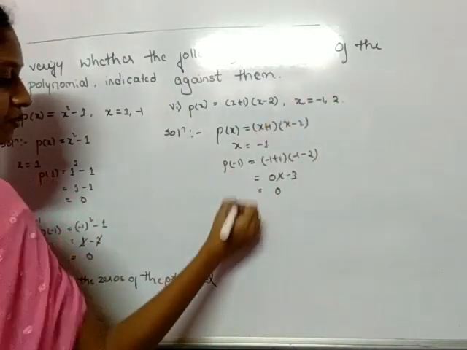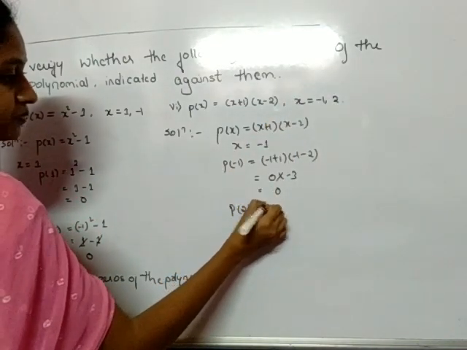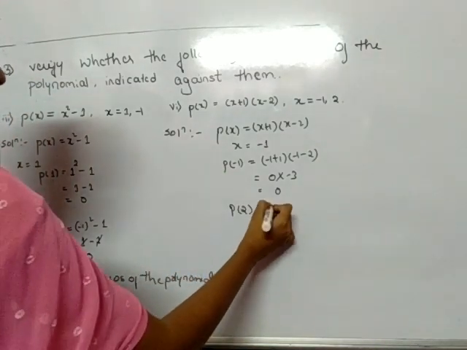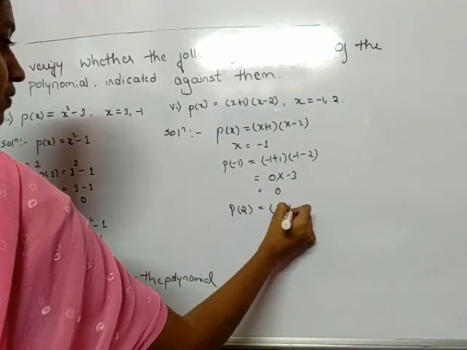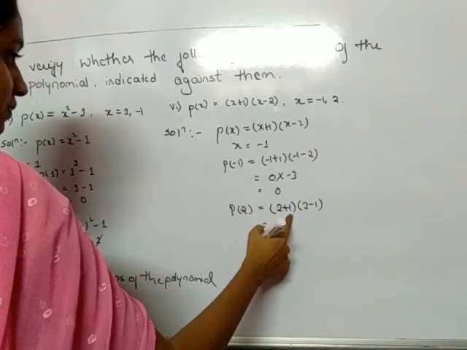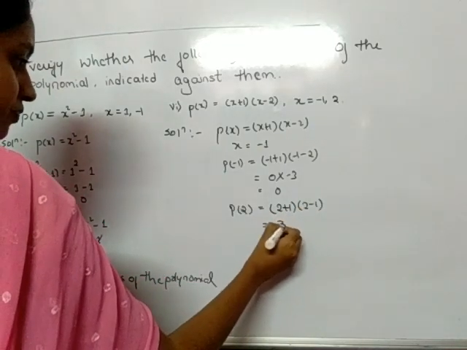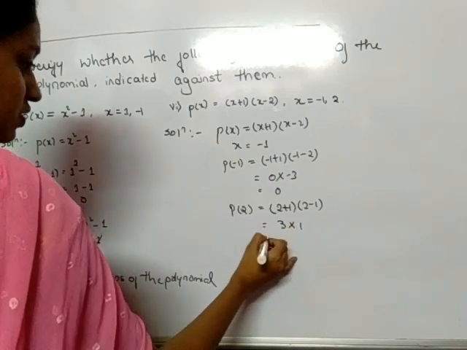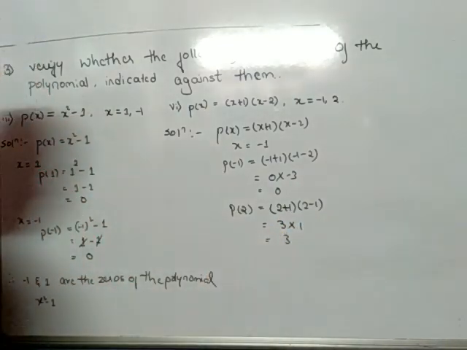Similarly for P of 2 we'll check. Then 2 plus 1, 2 minus 1. 2 plus 1, that is 3. And 2 minus 1, that is 1. So 3 ones are 3.